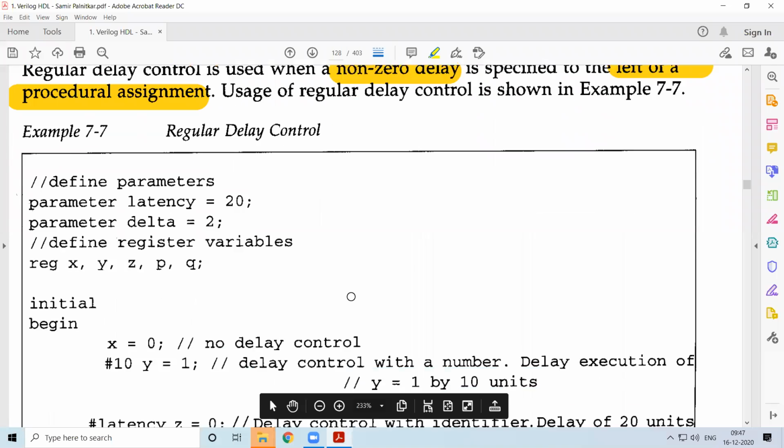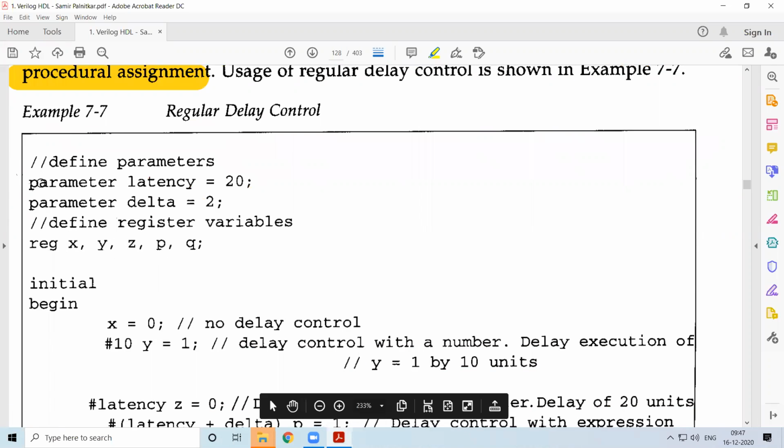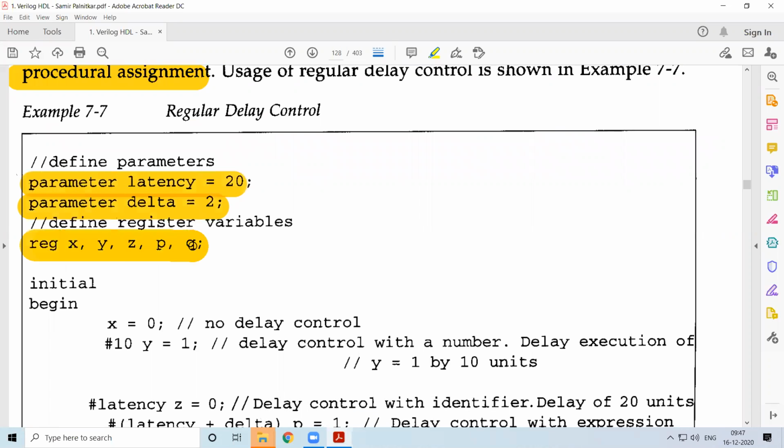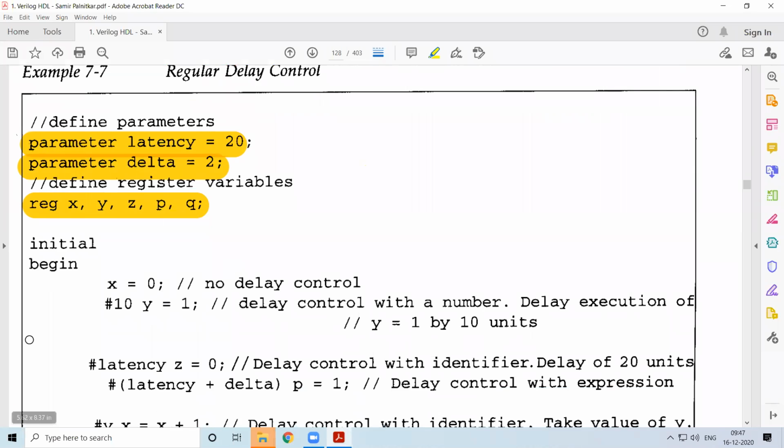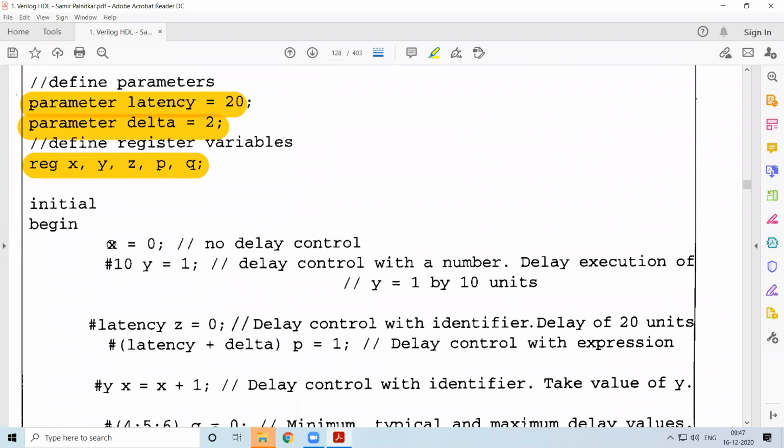Here you can see we have specified some parameters, that is variables. Remember, latency is an identifier, delta is an identifier, and x, y, z, p, and q are all identifiers. Within this initial block, you can see that x is equal to 0 is the first statement.